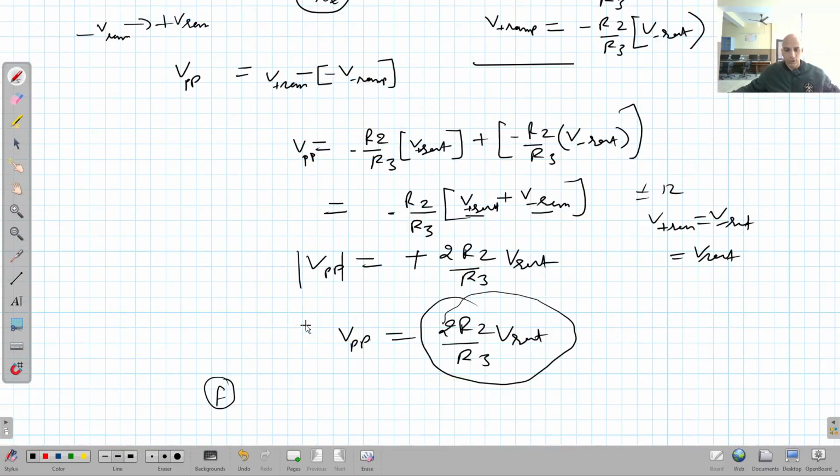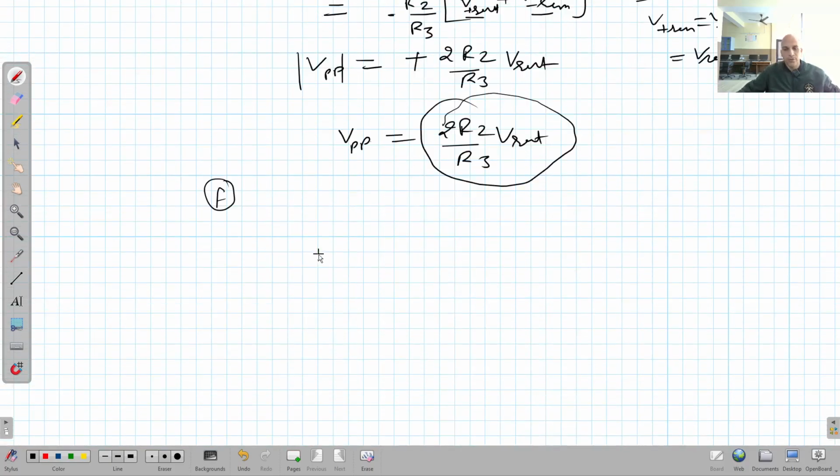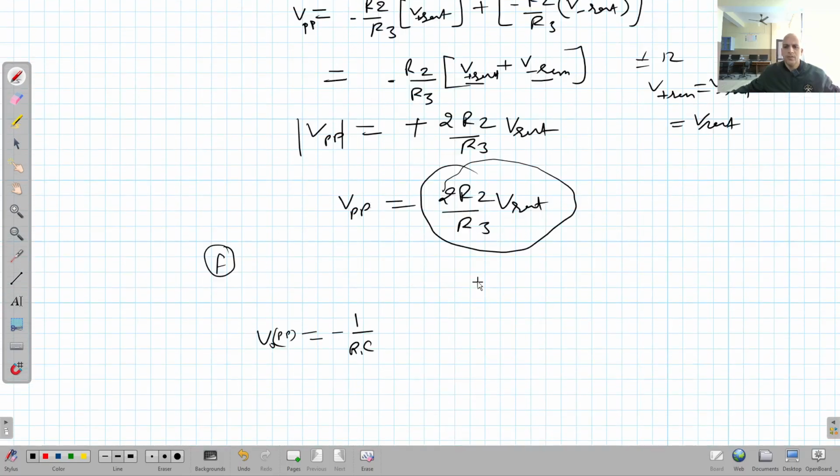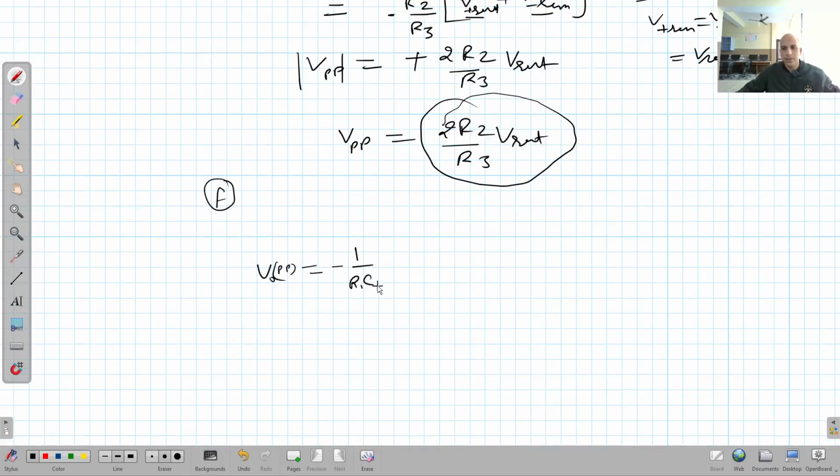So I will make use of this equation. We know V output peak to peak is equal to minus 1 upon R1 C1, integration from 0 to T by 2 of V in.